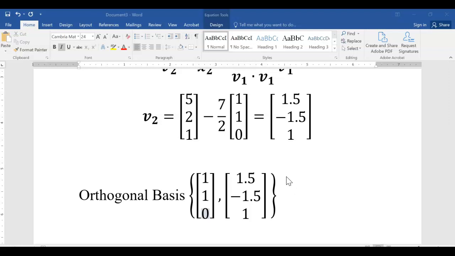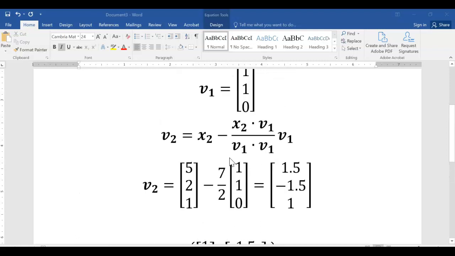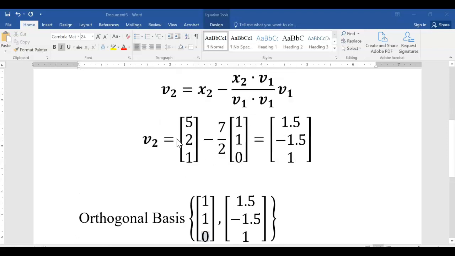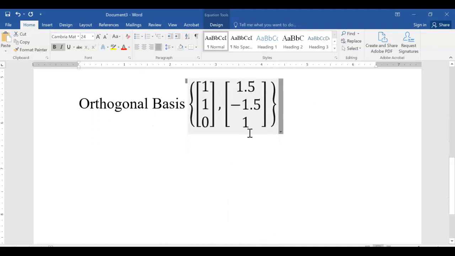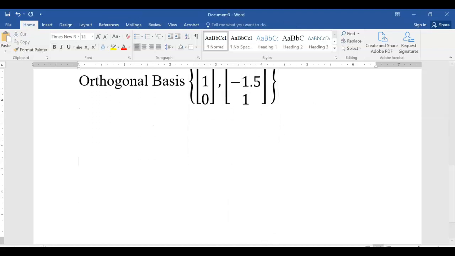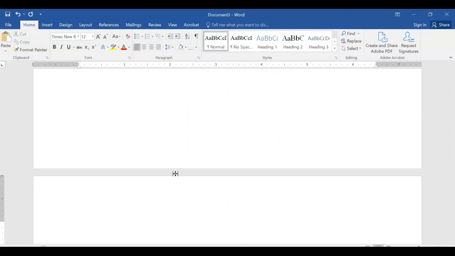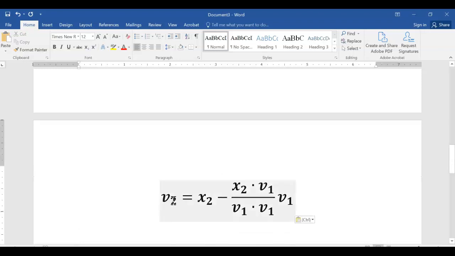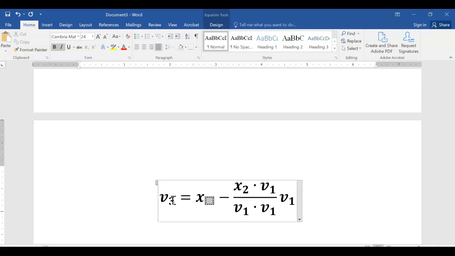Now, all I do is I say I want to go and make a V3. So I'm going to do it in a very similar way. V3 is going to be similar to V2, except now I'm going to have to do 2 projections. So I'm going to do an X3.